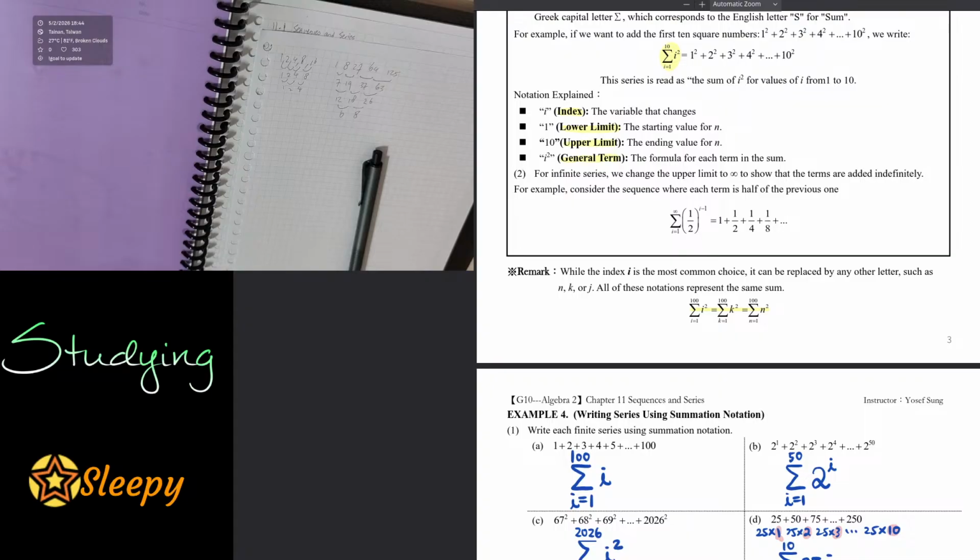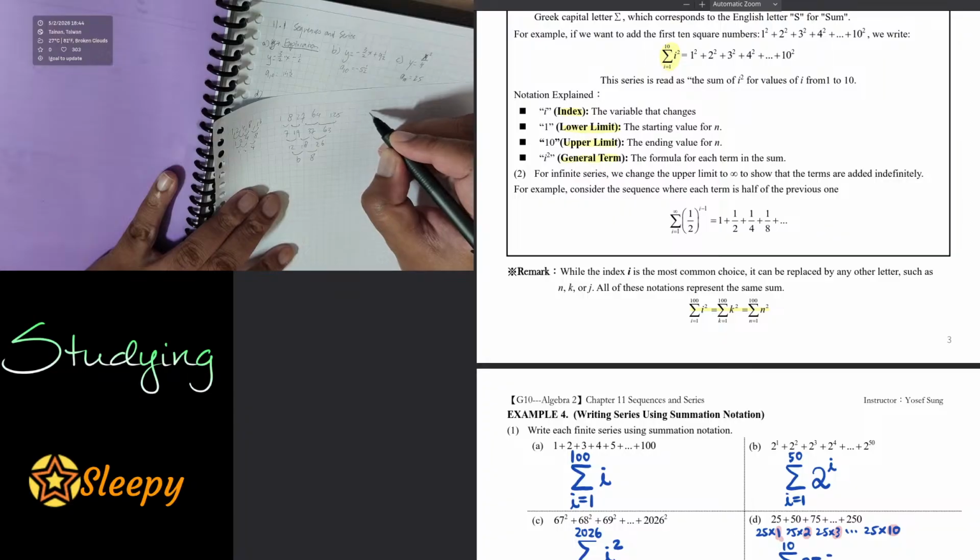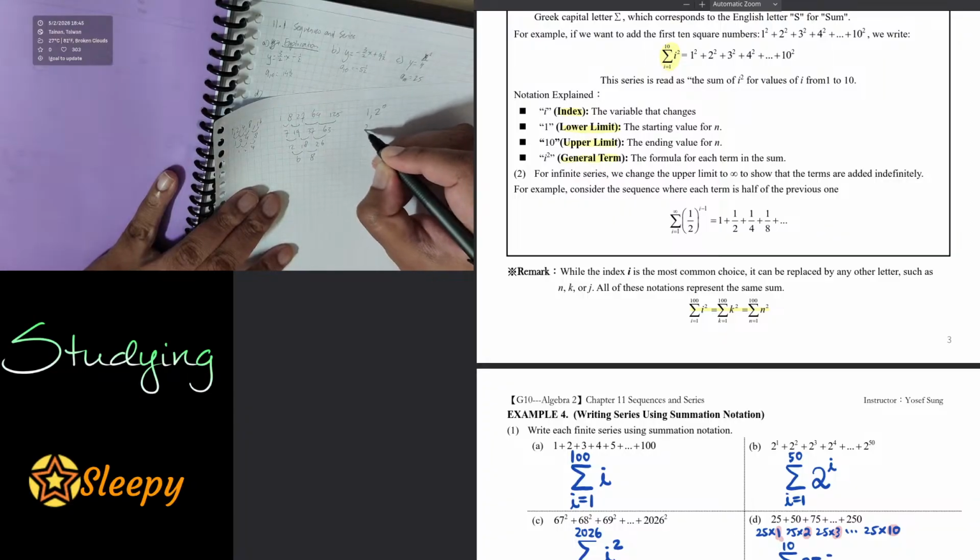Yeah, everything times two, times two, it's 16. So that's two to the power of n minus one. Because at one it's two to the power of zero, and at two it's two to the power of one, and at three it's two to the power of two, which is n minus one.